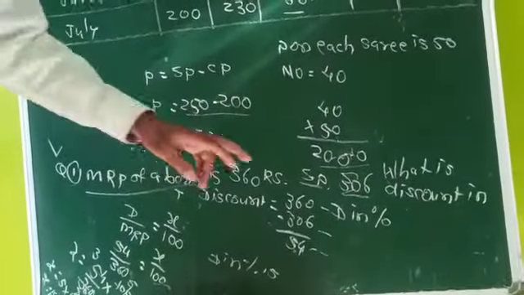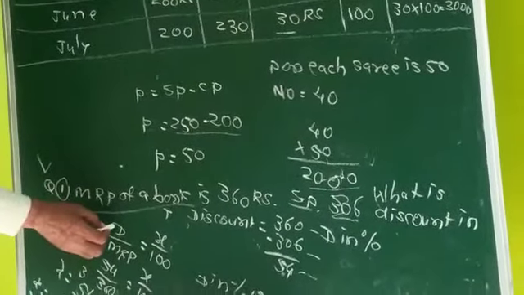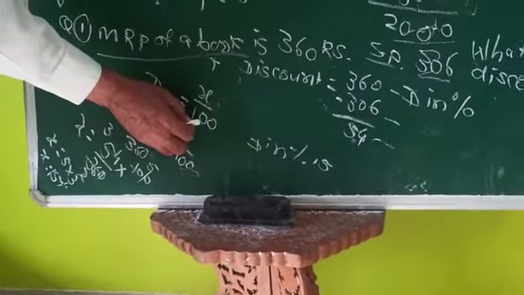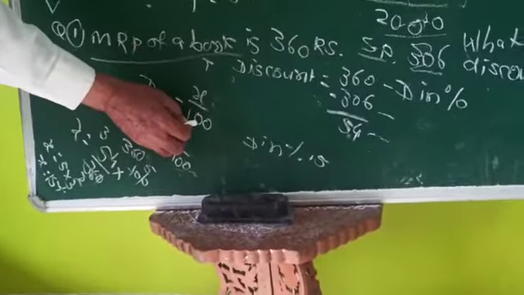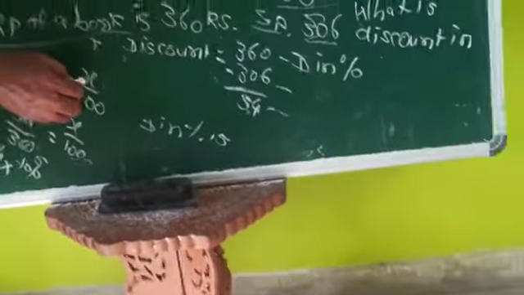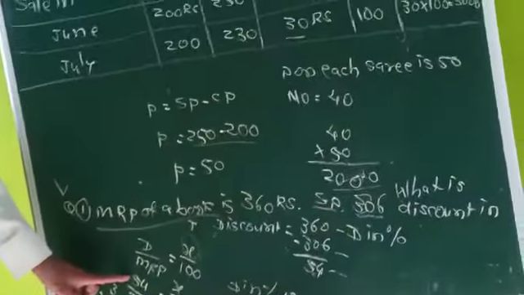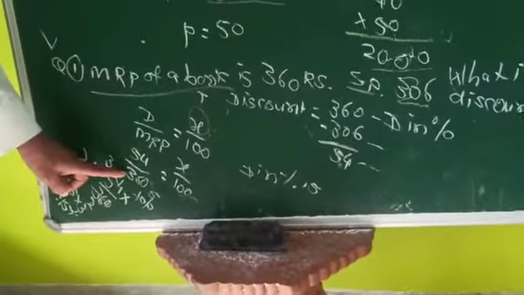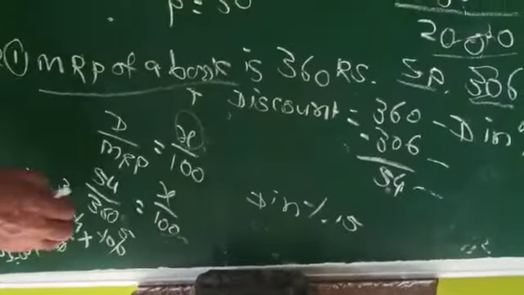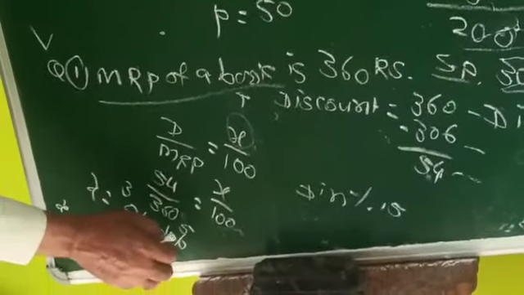But we have to calculate discount in percent. There is a formula: discount upon MRP, the marked price, equals, when we have to calculate the discount in percent, write the 100 at the denominator side and the discount in percent at the numerator side. By putting in these values, 54 is the total discount, 360 equals x upon 100. So x equals 54 upon 360 into 100.